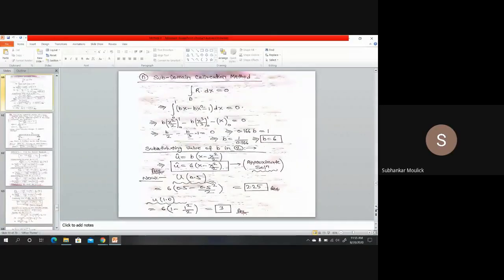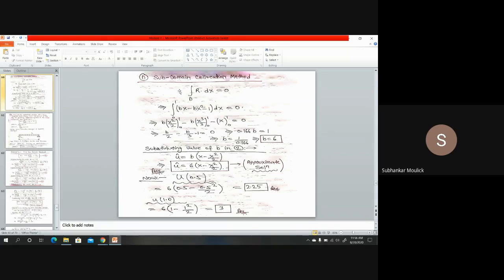Next and the last method is subdomain collocation method. In this subdomain collocation method, how are we minimizing the residual? We minimize by taking the integral of this residual over the entire domain equal to 0.